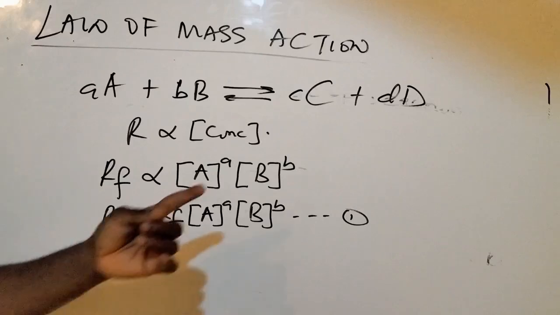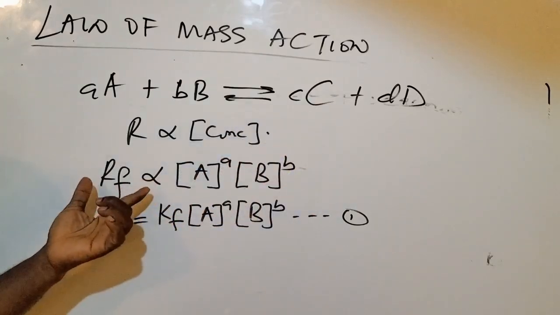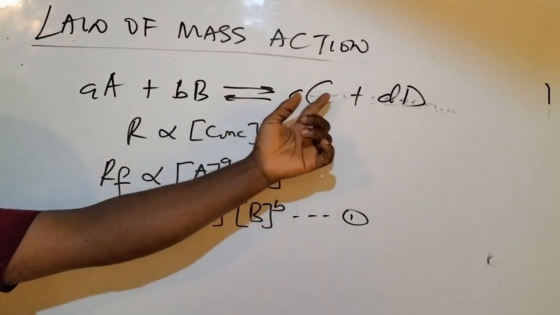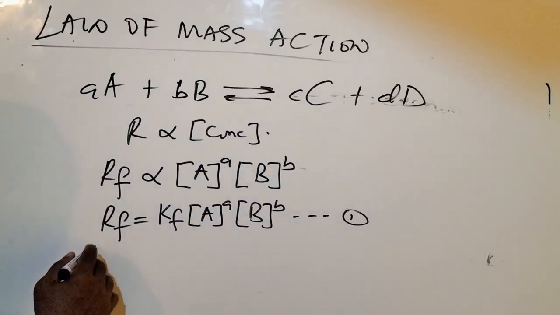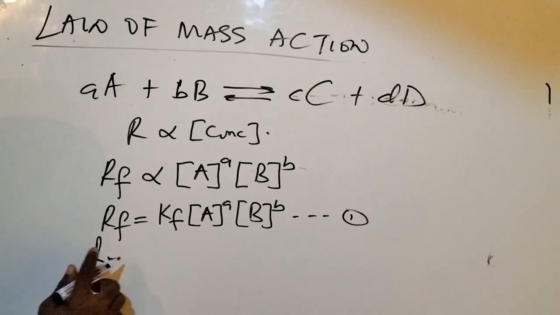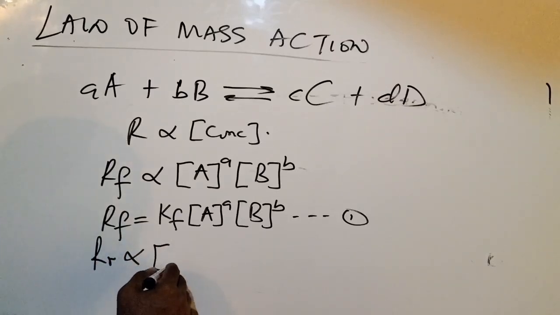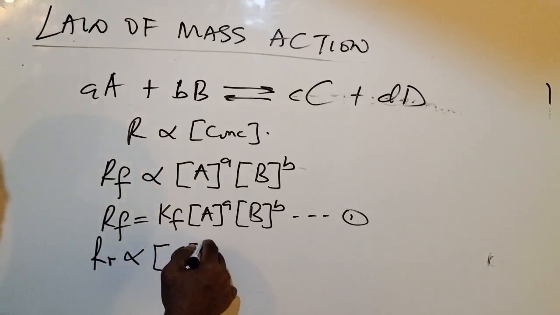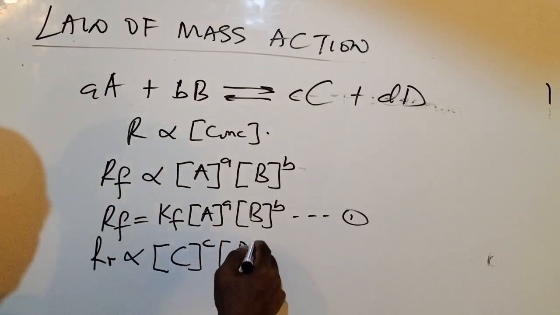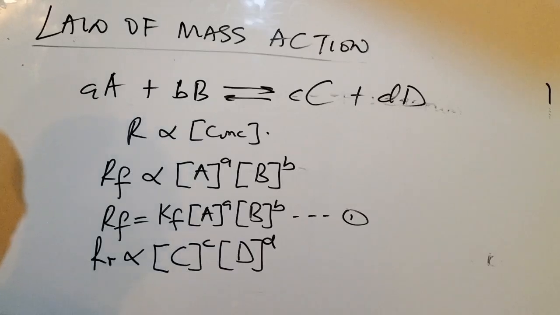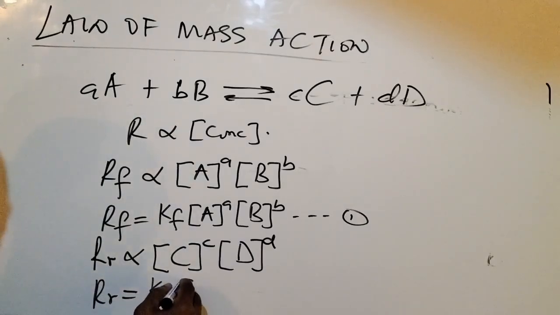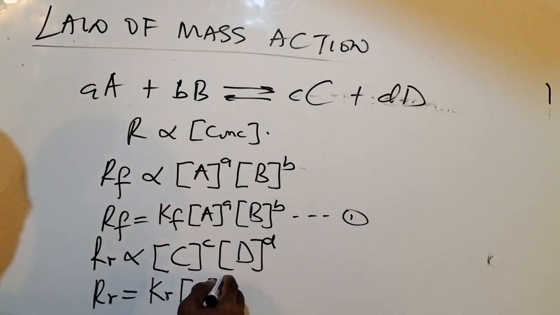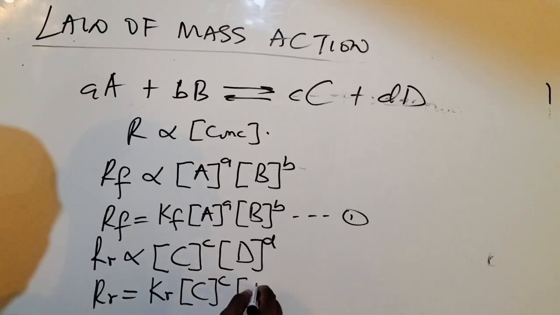Now, since the reaction is reversible, we can still write the same expression for the backward reaction. We now write RR, the rate of the reverse reaction, is proportional to the concentration of the products raised to their number of moles. So we can now bring in the constant, Kr, into C to the power c, D raised to the power d.